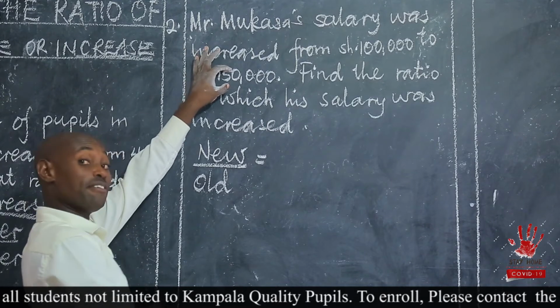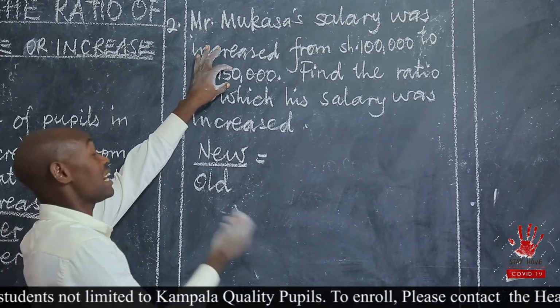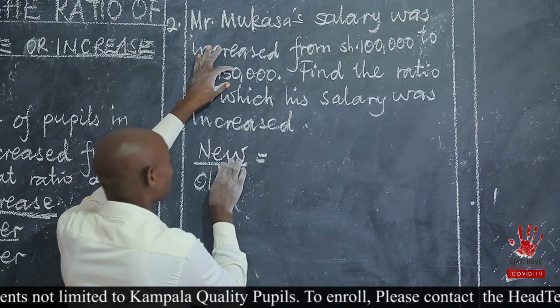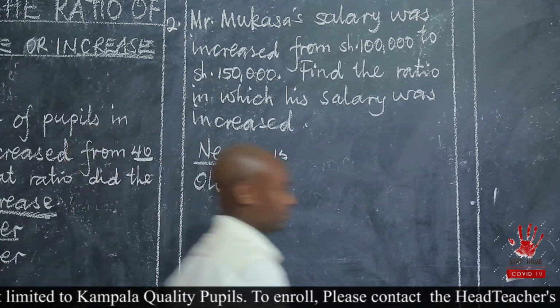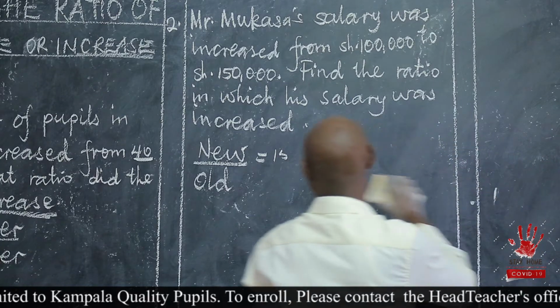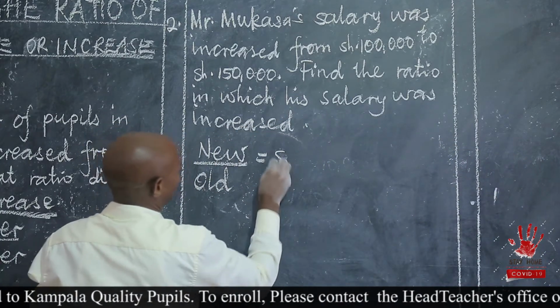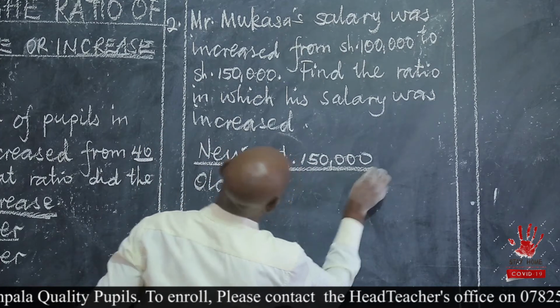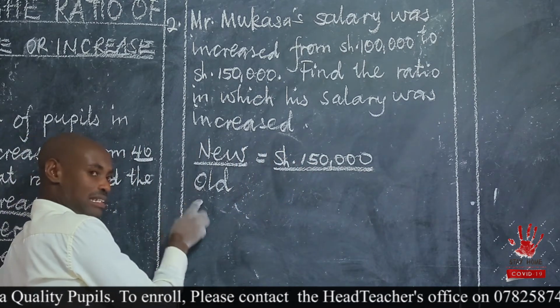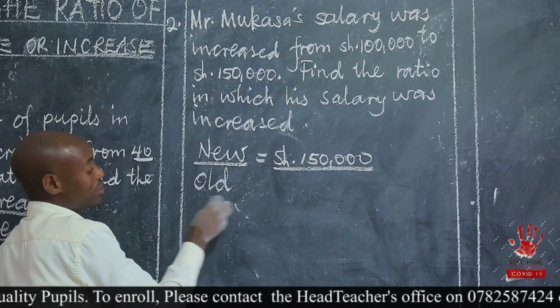So 150,000 shillings is the current salary, which is the new salary now. We divide it by his old salary, which he was getting before increase.